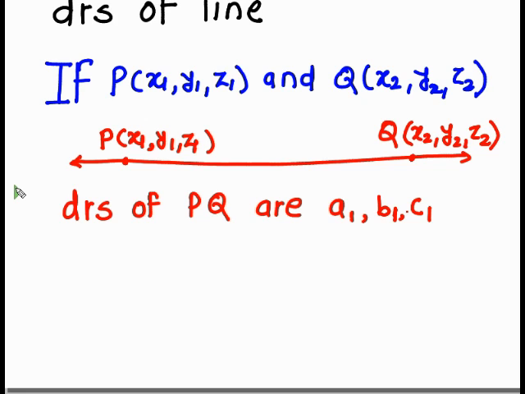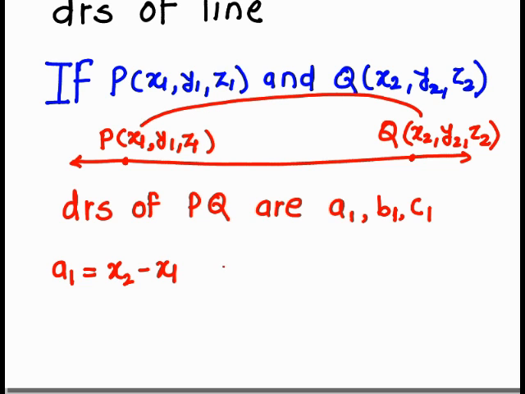Consider two points P and Q on the line PQ. The coordinates of P are x1, y1, z1 and the coordinates of Q are x2, y2, z2. If the DRS of this PQ are A1, B1, C1, then A1 is equal to x2 minus x1, the difference between the x coordinates.